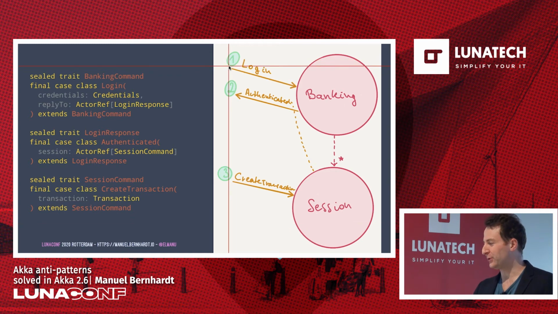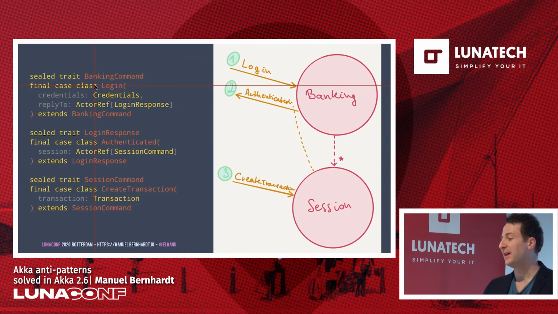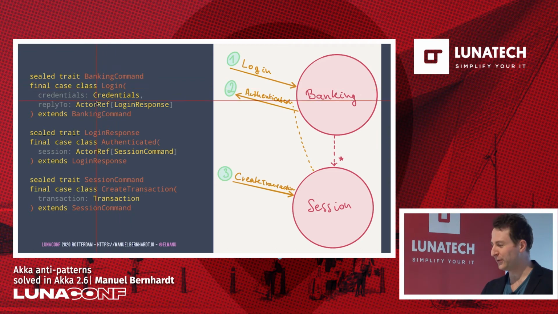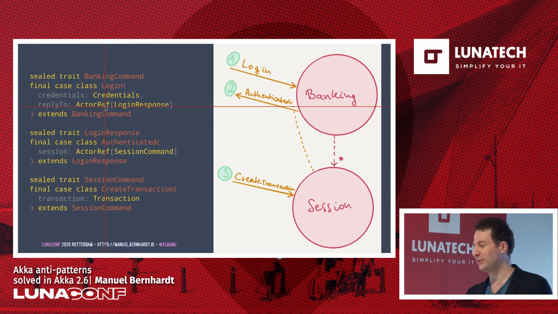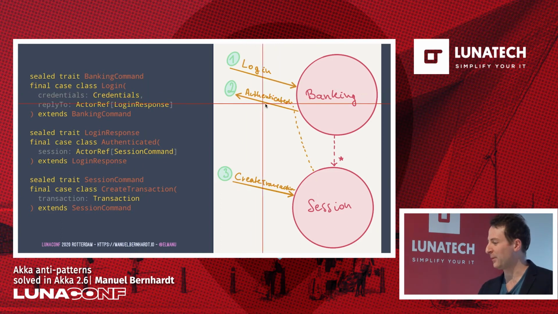So the first thing you've got to do is to send a login message here. So this banking actor up there, it expects a message of type BankingCommand. So a Login, for example, which is a BankingCommand. And this Login tells in the protocol to reply with an actor reference of type LoginResponse. So if you read this, you know what you will get back when you send this, something like that, the LoginResponse.